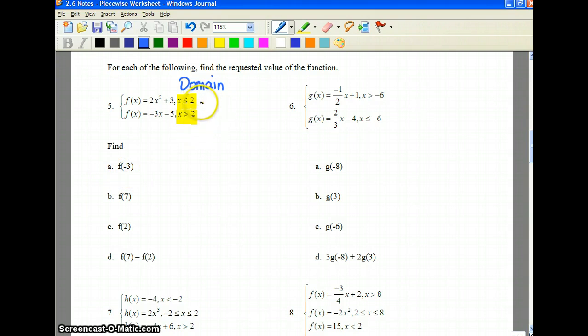It's less than 2. So we're going to plug it into this top one. So we want to do 2 times -3 squared plus 3. This machine squares it. That's 9. So 2 times 9 plus 3. 2 times 9 is 18 plus 3 is 21.